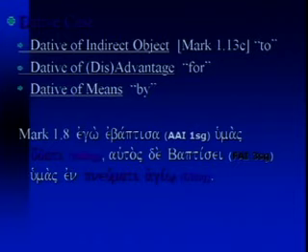The dative of indirect object is just simply with the to. If you're wanting to talk about an issue of advantage, you use a for. If you want to talk about the means by which something is done, you do by. And the dative case can describe all three of those things and many others. But those are three of the most pertinent ones that we'll deal with, at least at this stage of the game.